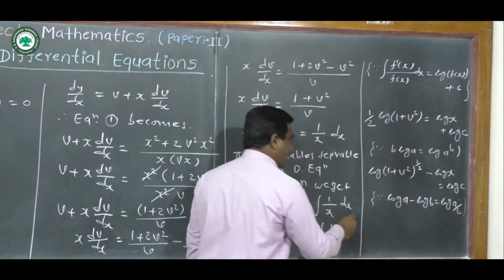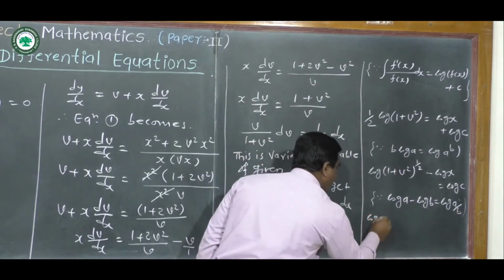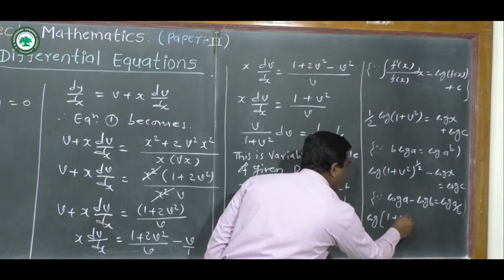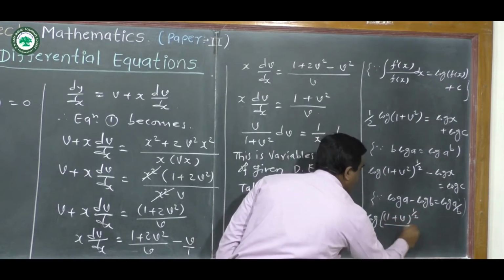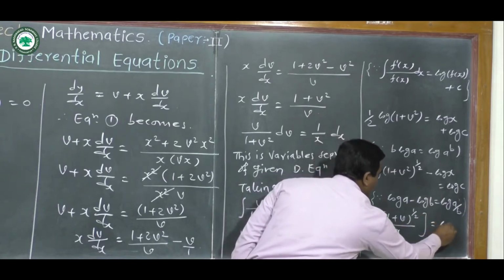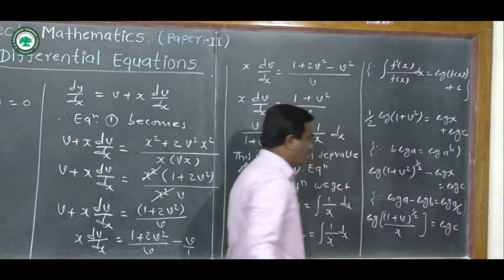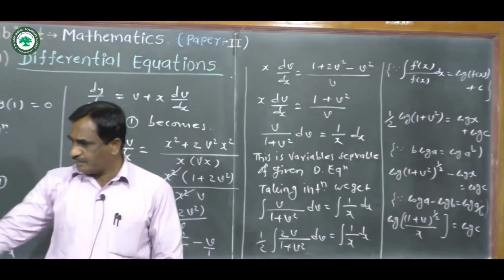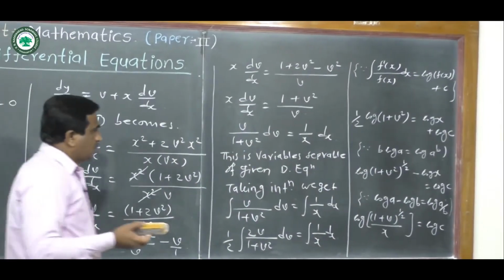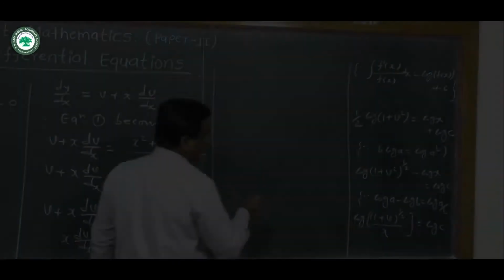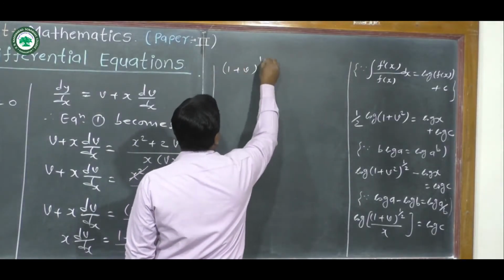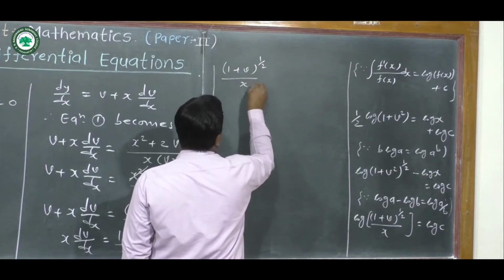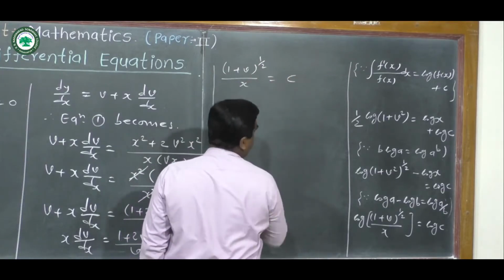Using this rule, we can write here log of (1 plus v square) raised to 1 by 2 upon x is equal to log c. Now log cancels out. Now we can write here (1 plus v square) raised to 1 by 2 upon x is equal to c.